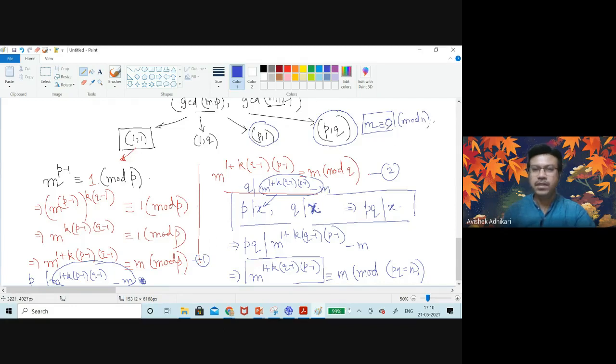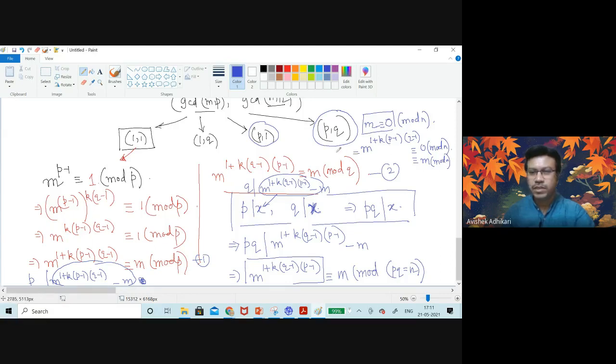In fact, this is actually integer 0. Now m to the power 1 plus k(p-1)(q-1) will also be 0, because you are raising both sides to the power. That means the right hand side is also 0 to the power this, which is also 0 modulo n. But this is also the same as m.